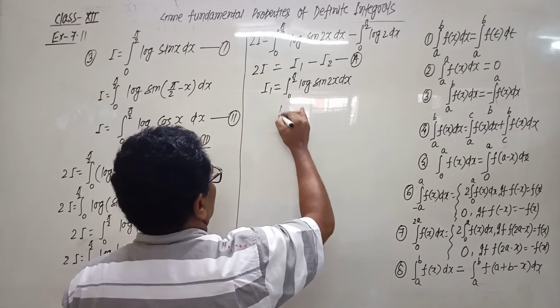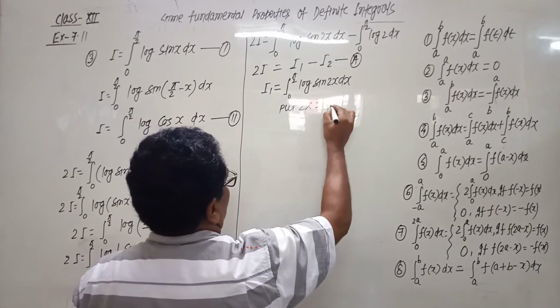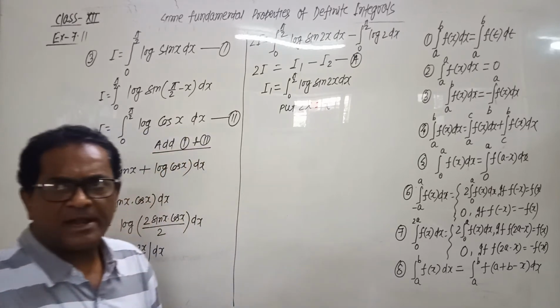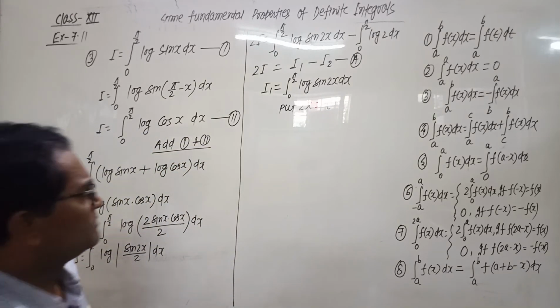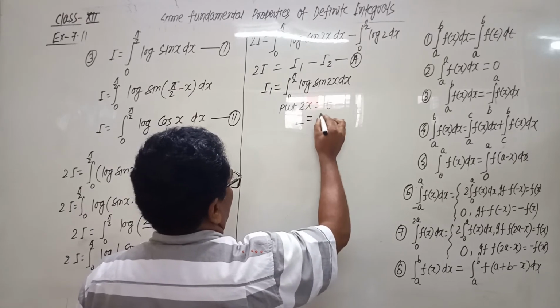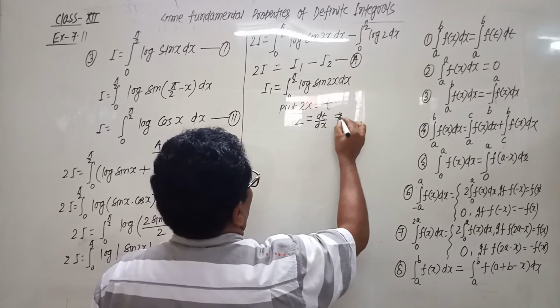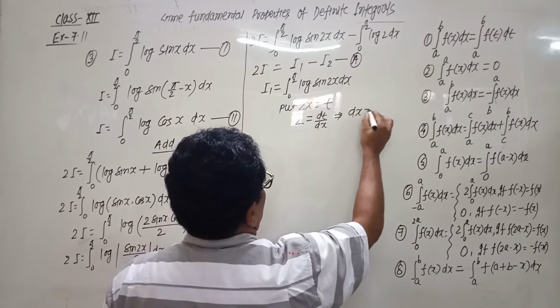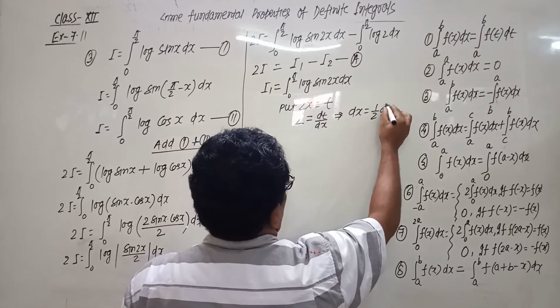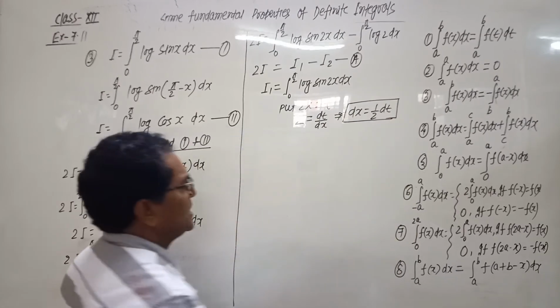We put 2x equals t and differentiate both sides with respect to x. The differentiation of 2x is 2 and of t is dt by dx. So we get dx equals 1 by 2 dt.